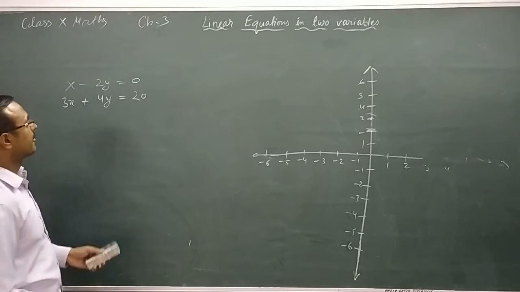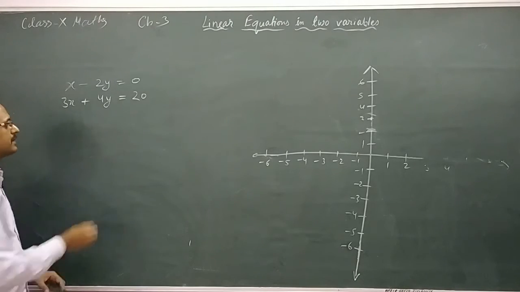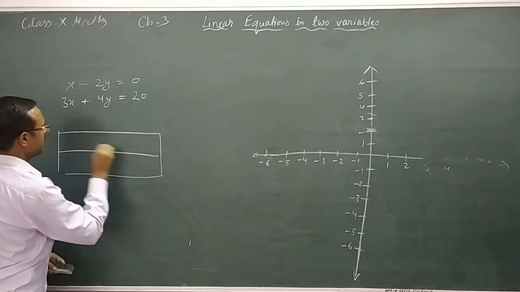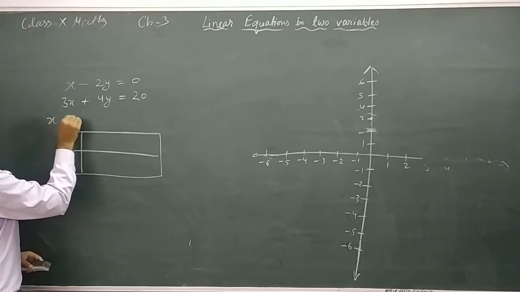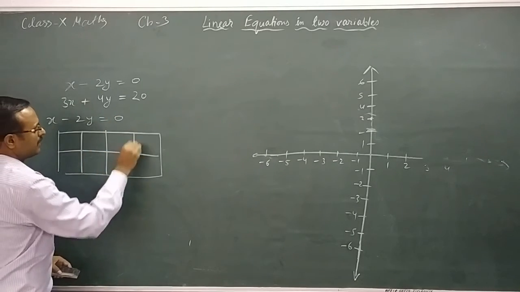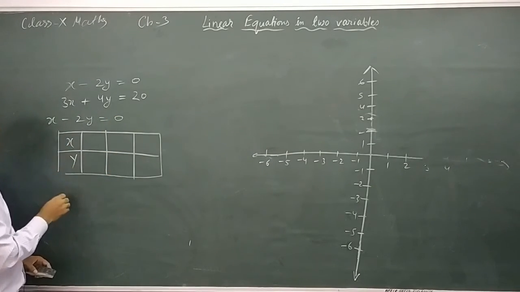Now see here, again we will try to plot points. So first we will find points in a point table. So x minus 2y equal to 0. For this we are drawing a point table and trying to find out various points.